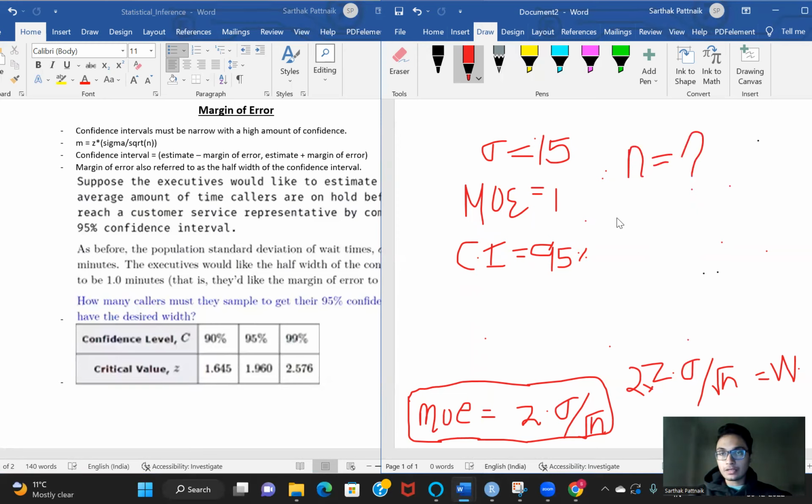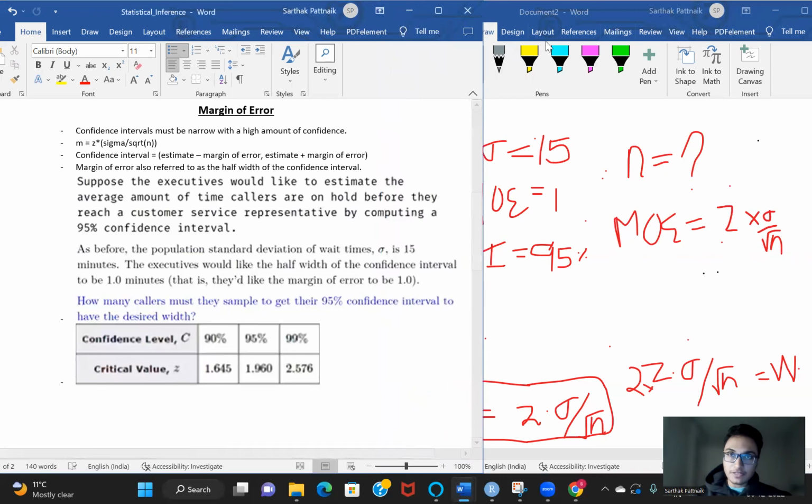Now you already know that margin of error is equal to z into sigma by root n. You have been given the half width or margin of error. You have been given the population standard deviation as 15. Let me see again, it's 15.